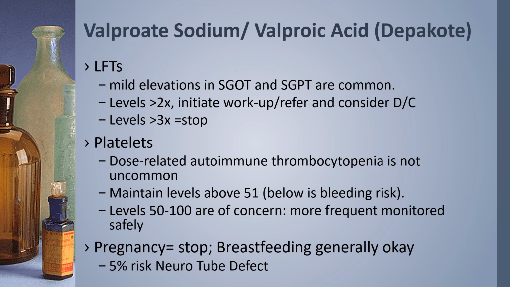And so we do need to probably more closely monitor that platelet count, and definitely go ahead and decrease that dose and see if that helps. Because of course, for the most part, we want that platelet count to be much higher than that. I believe around 150 is the lower end of ideal. I might be wrong on that. It's been a minute since I looked at platelet counts.